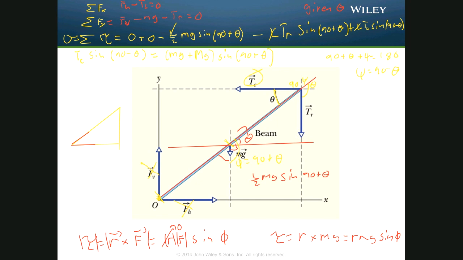But you have to defer back to this torque equation to get Tc, right? So Tc will give you T horizontal, or F horizontal, and then you can just solve for F vertical directly. Okay?